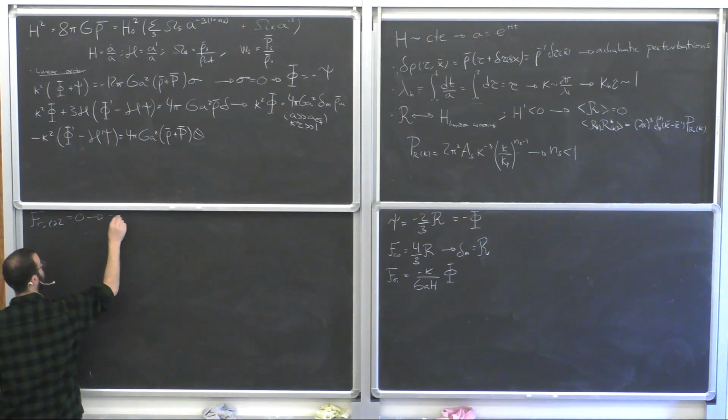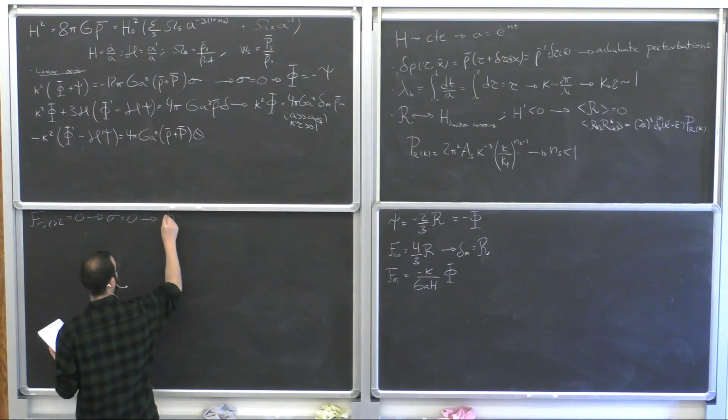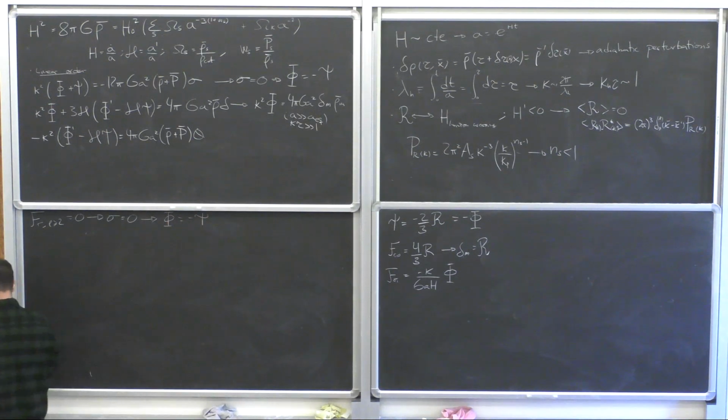This means that the shear is equal to 0, and we have all the time the approximation that phi is equal to minus psi.